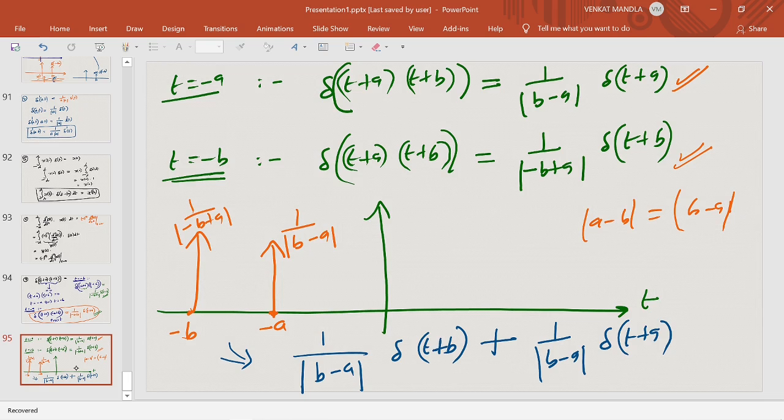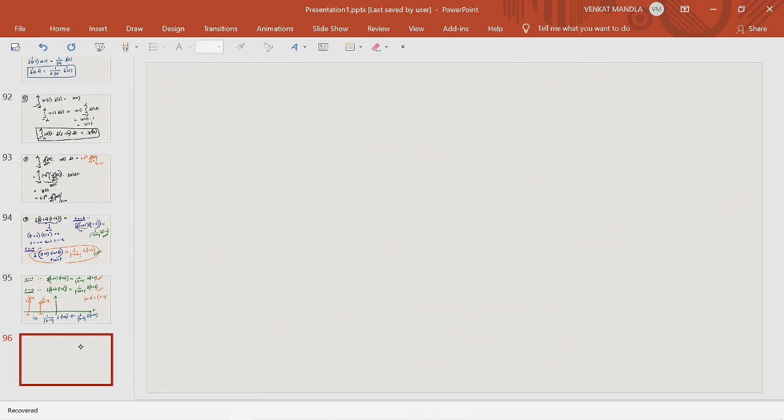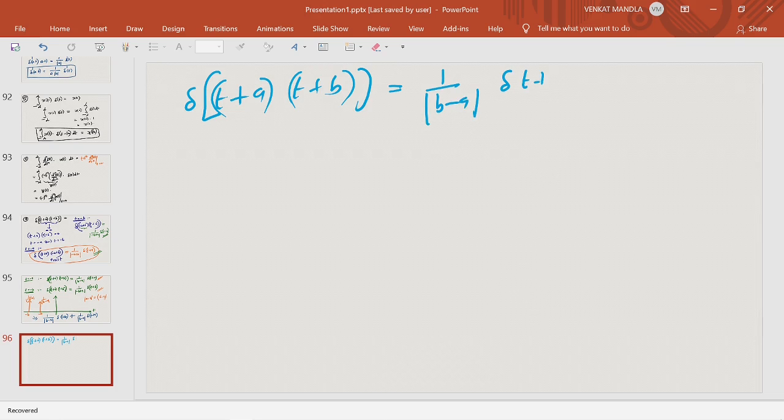that's it. So I will write this entire property: del of t plus a into t plus b equals, first substitute t equal to minus a, you will get b minus a, that is 1 by mod b minus a into del of t plus a, and then substitute t equal to minus b, you will get minus b plus a.